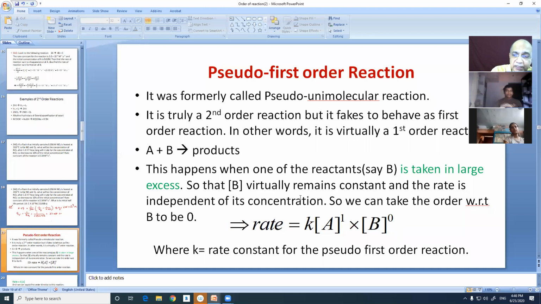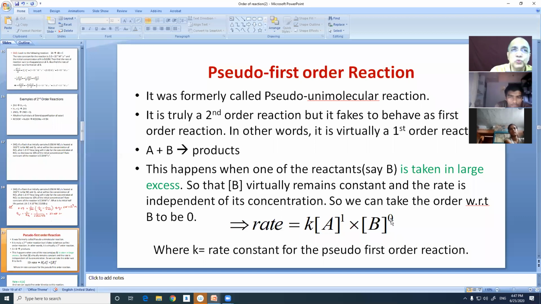In that case, the concentration of the excess reactant virtually remains constant. The decrease in its concentration is really very minimal. So virtually the rate is only dependent on the decrease in the concentration of A, which is taken in small concentration.